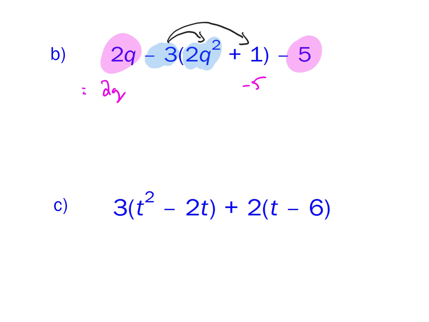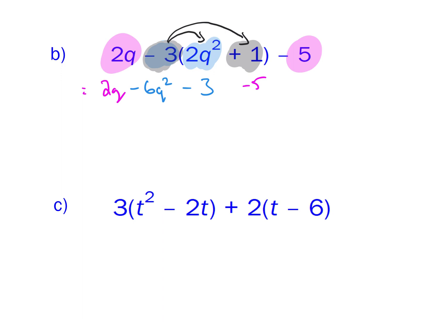Very good. And then we're going to take that -3 and multiply by +1. What might we get when we do that? -3. So that's what we get when we multiply the -3 by the contents of the bracket.